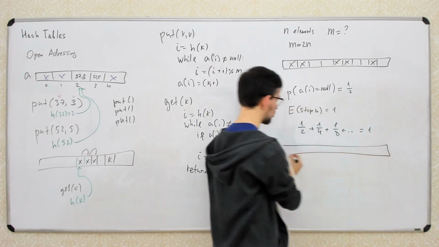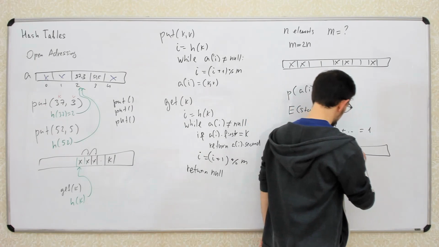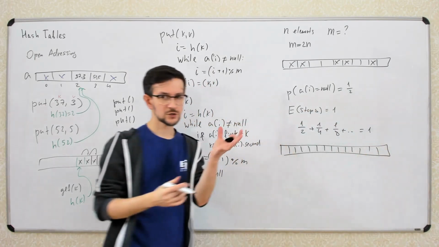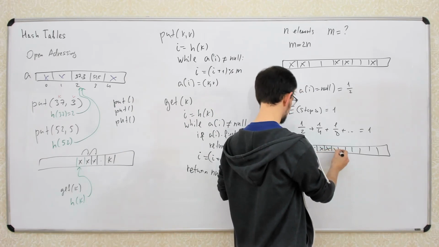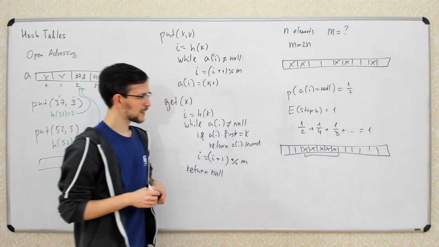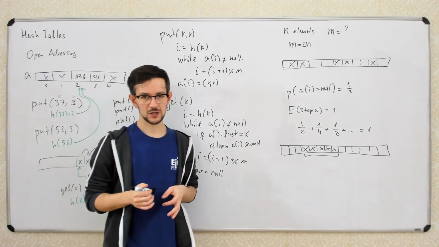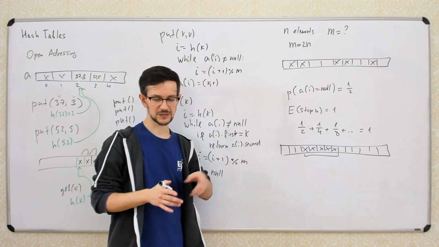What happens when you use an open addressing hash map is this: if you have some big cluster of occupied cells, there is a big probability that the next element you put in your hash table will be put in this cluster.